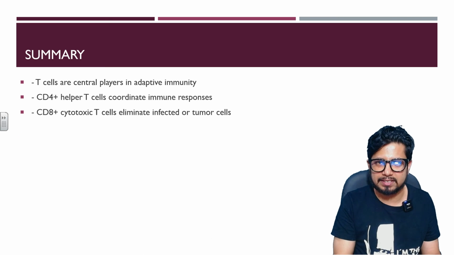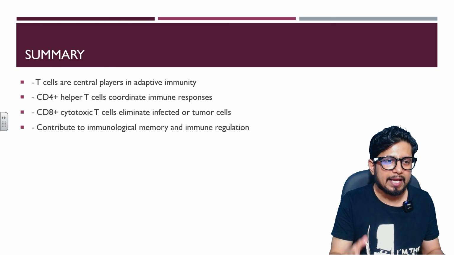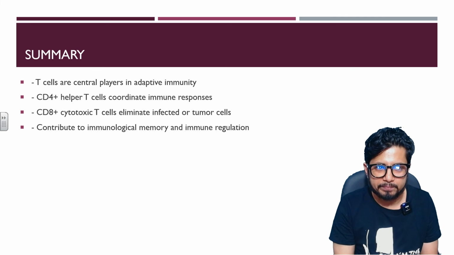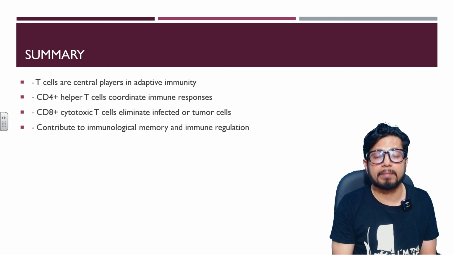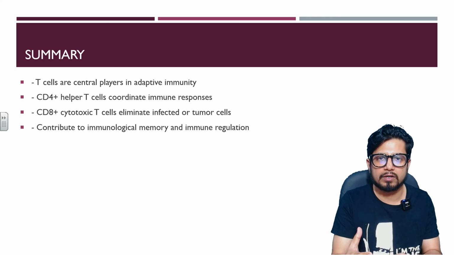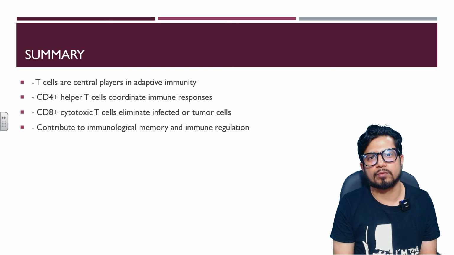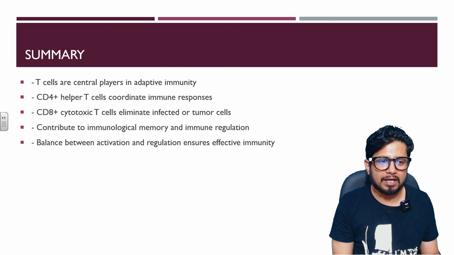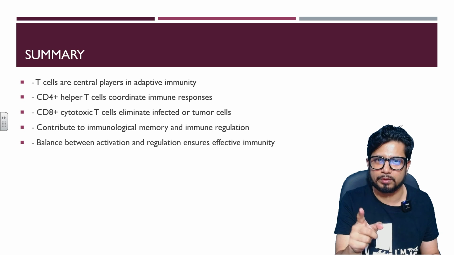CD8 cells are cytotoxic and they eliminate infected cells or tumor cells of the body. They contribute to immunological memory and immune regulation by reacting to certain inhibitors, so that they can turn on and turn off the process of T cell activation whenever it is required. They have a balance between activation and regulation to ensure effective immunity in the body.